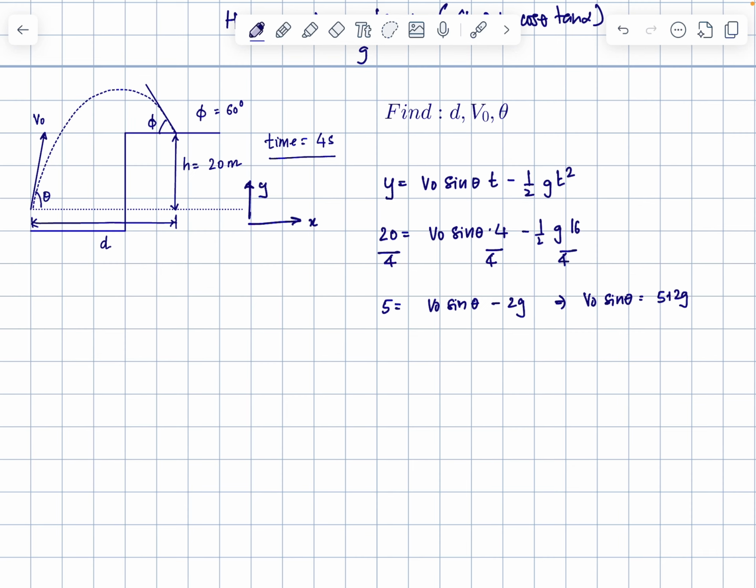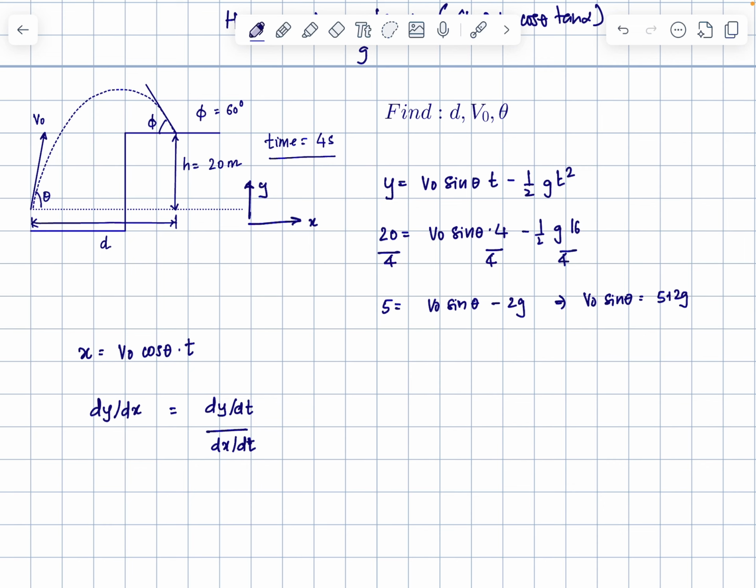So now here we can also say that x equals v0 cosine theta times t, where t is the time of flight. There is no acceleration in the x direction. Now if we want to find out the slope anywhere, the slope here is dy over dx, and by the chain rule it's dy over dt divided by dx over dt.